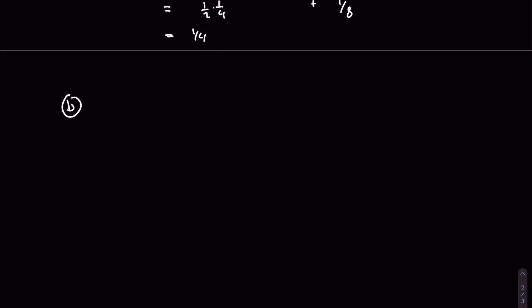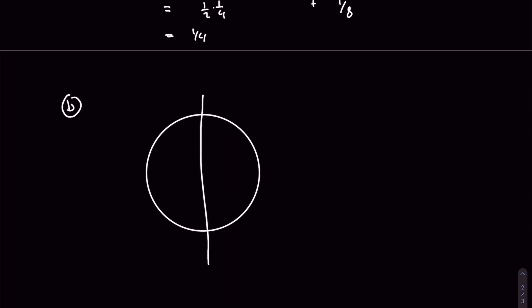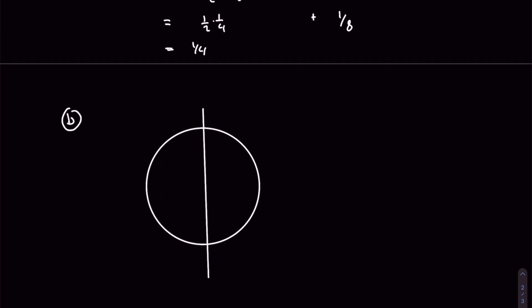assumptions about it. So let's draw a table, a circular table, like so. Let me just increase the size of it, and we're going to draw, well, let's just take half of it like so, and think about what this problem means geometrically.